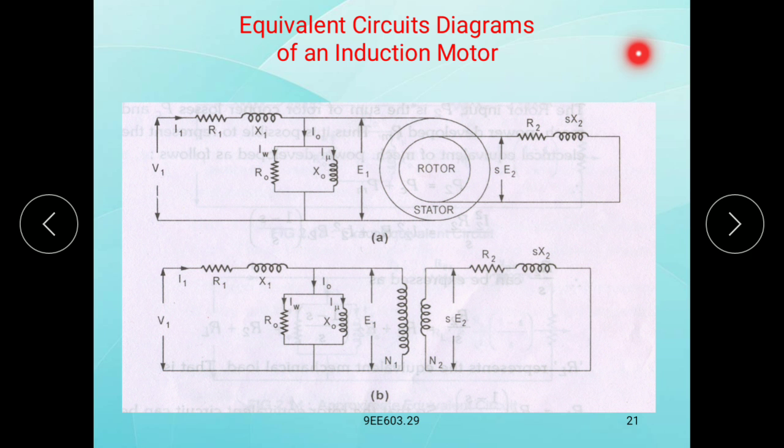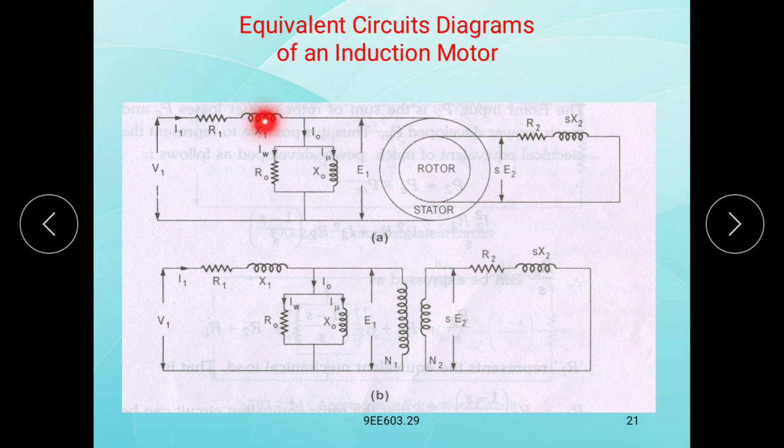So here, see this one. Here, the stator and rotor are given. At the stator side, the supply voltage is V1 and the current is I1.